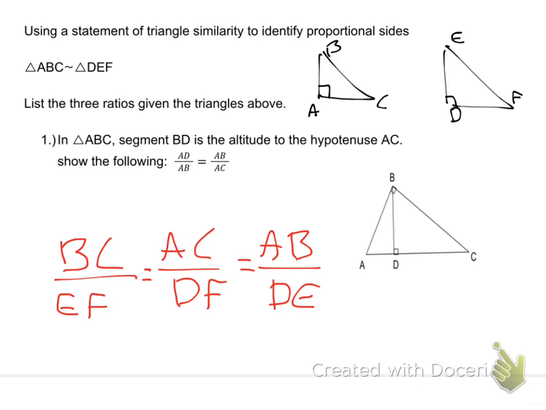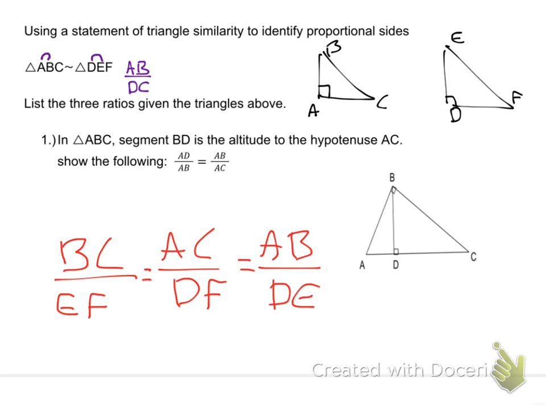Watch this. Let's go back up to this guy right here. See this? Hey, look, there's our statement again, isn't it? Didn't we state that? Watch this. You guys watching? AB is to DE. Which letters are right next to each other?